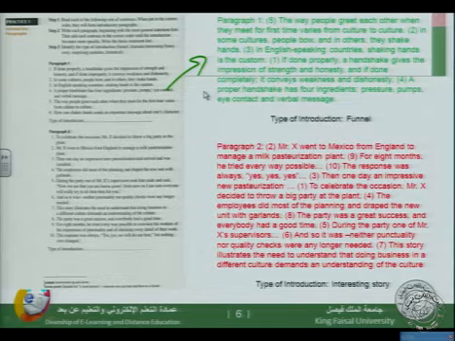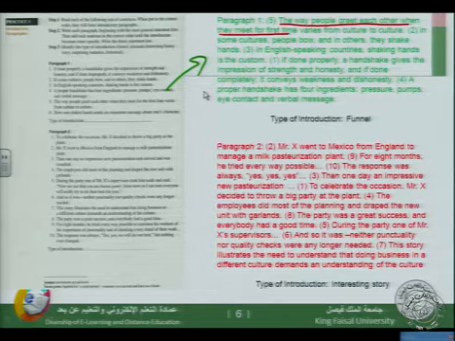So, as you can see, here is the general statement. This is the general statement, right? Because in the introductory paragraph we say that there are 2 sections: the general statement and the thesis statement. So here is the general statement, and then we have the thesis statement. It's right here.